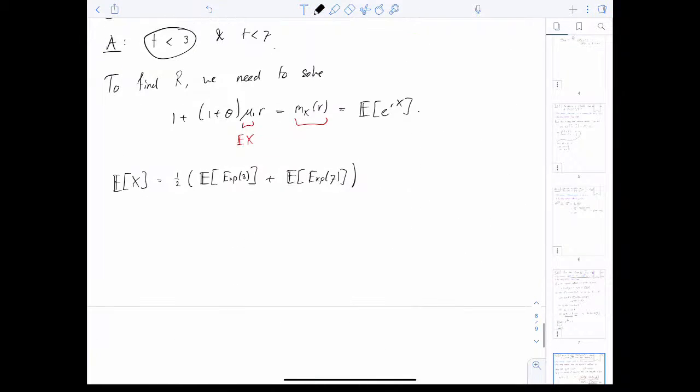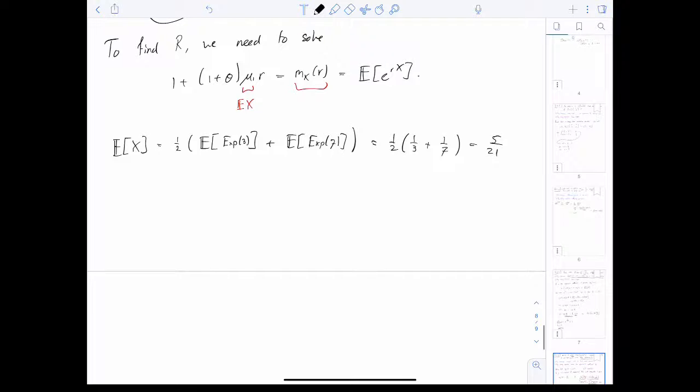And these are equal to, well, it's just 1 over the rate, so 1/3 plus 1/7, and doing some simple algebra, this will give you 5/21 by making the numerators equal.